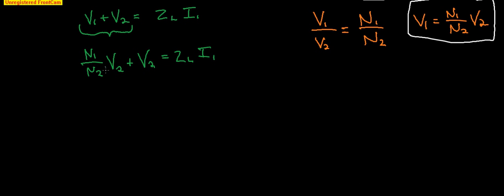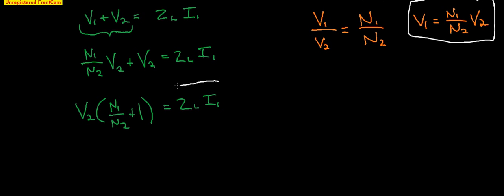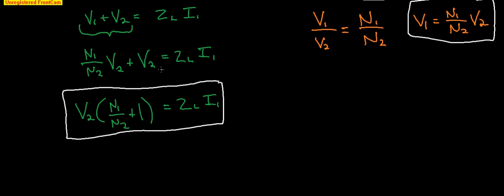So if we take out the V2 terms, we will get V2 times N1 over N2 plus 1, and this equals Z of the load times I1. And this is the last equation that we need to be able to plug in and solve the original ZAB.